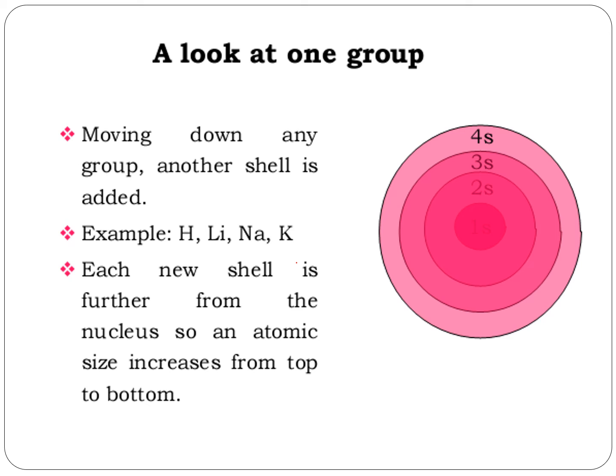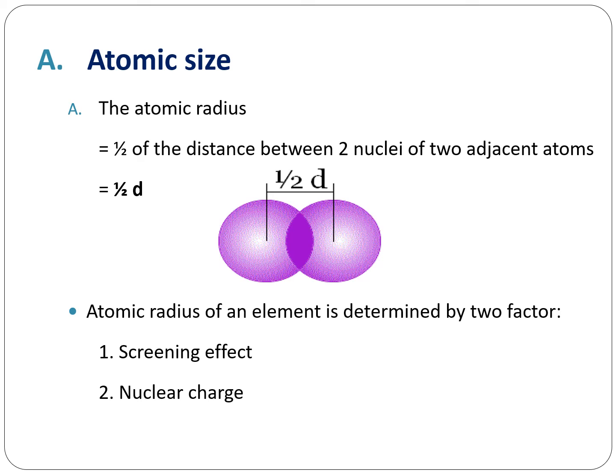Atomic size, you see the radius will indeed become bigger. Okay, radius size will be bigger. Atomic size is half of the distance between two nuclei of adjacent atoms. Do you know the formula? So atomic size is determined by two factors, screening effect and also nuclear charge.